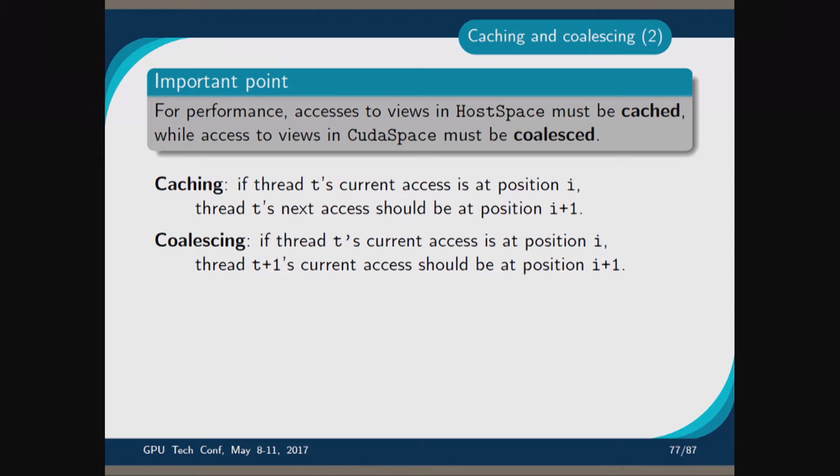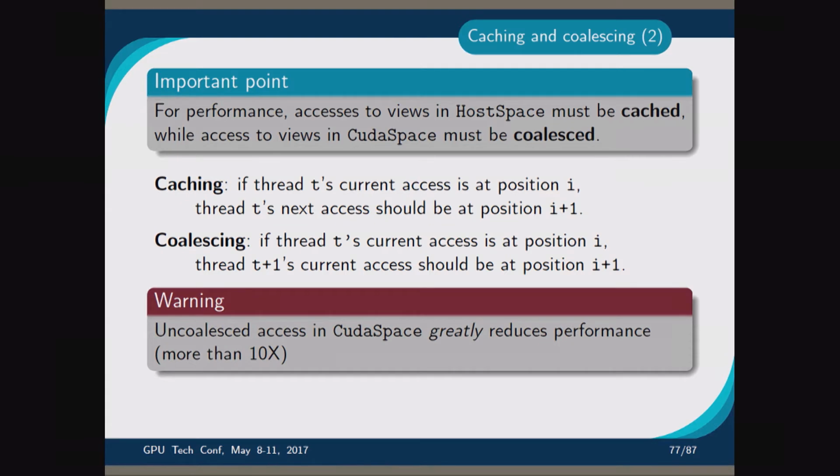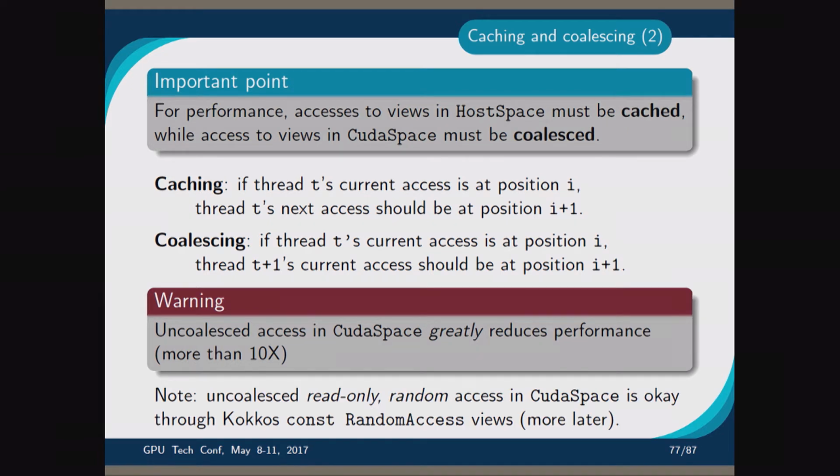Coalescing, and this is on the GPU: if thread T is accessing position I, then we want T plus 1 to access I plus 1. So it's temporally and spatially transposed from each other. And if you don't do it right, we saw the graph. If you don't get those things right, you're going to lose performance, and lose it badly.